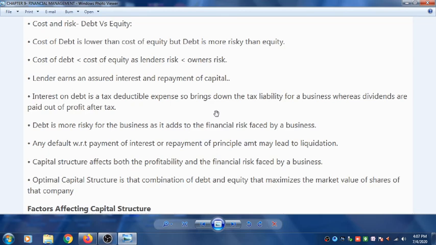The best capital structure is the combination of debt and equity, which maximizes the share price of the company, which increases the share price of the company. So capital structure is basically the proportion of the debt to equity, and the best capital structure is the combination of the debt and equity that maximizes the market value of the shares of the company.